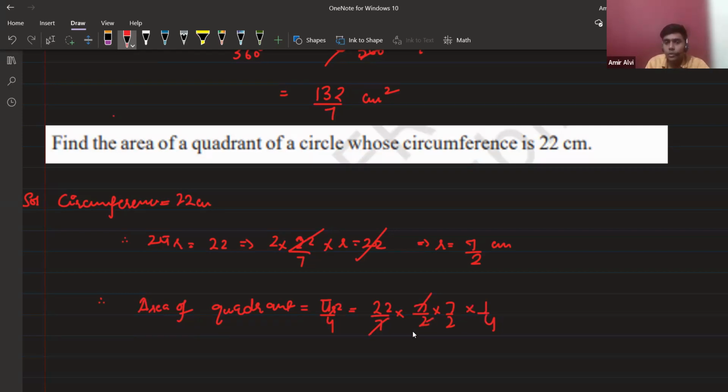So 7 will cancel out this, 11 will cancel out this, clear? So it is 77 by 8 centimeter square.